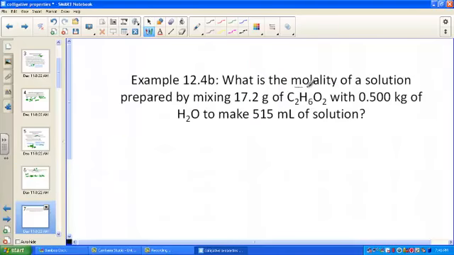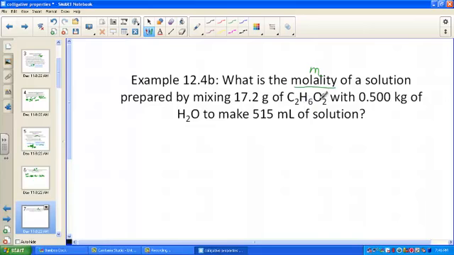What if we're asked to calculate the molality of a solution? And that symbol is little m. And I'm going to try to make that a little cursive sign so we can see little m, molality. We're preparing 17.2 grams of ethylene glycol. And this is radiator fluid, C2H6O2.